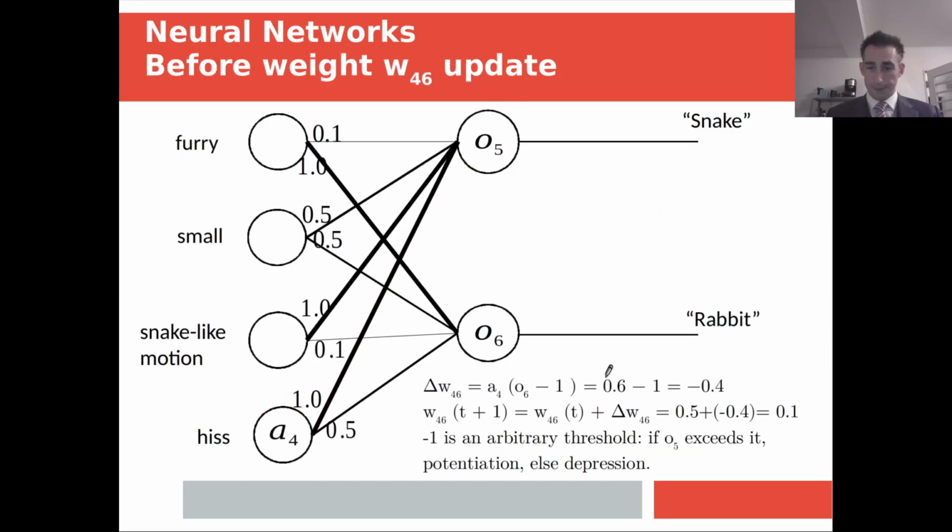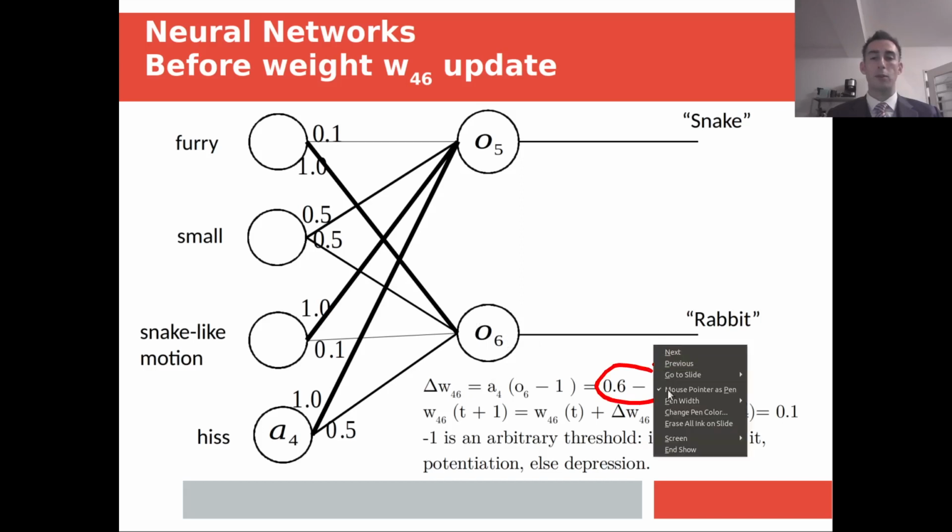Meanwhile, this weight here between A4 and O6 is going to be the activation of A4, which is 1, times O6 minus 1, so 0.6 minus 1, which is the change in weight, negative 0.4.